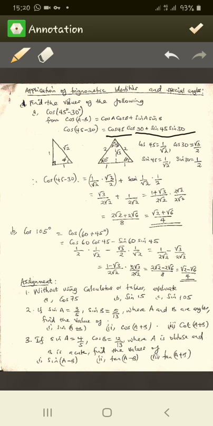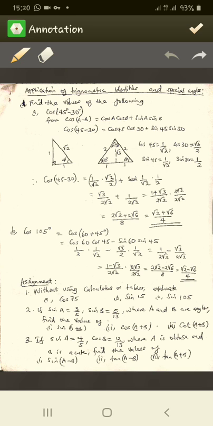Now, remember the question said we should not use calculators. So what we do in this case, we go to our special angles. We looked at those ones when it was our first lesson. I hope you remember. So special angles, I've tried to draw these triangles here to remind you.